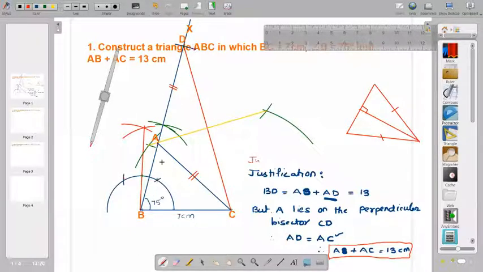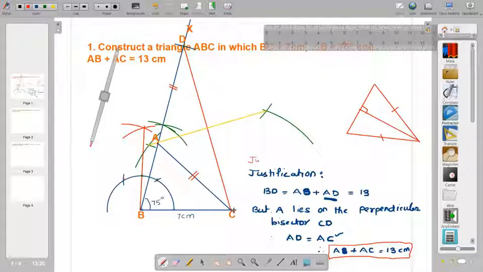Let the arc intersect the BX ray at D. Then you join D and C. After that, you draw the perpendicular bisector of CD. That is the yellow color line. Where this yellow line, the perpendicular bisector of CD, intersects BD, that point is taken as A. Then you join AC.